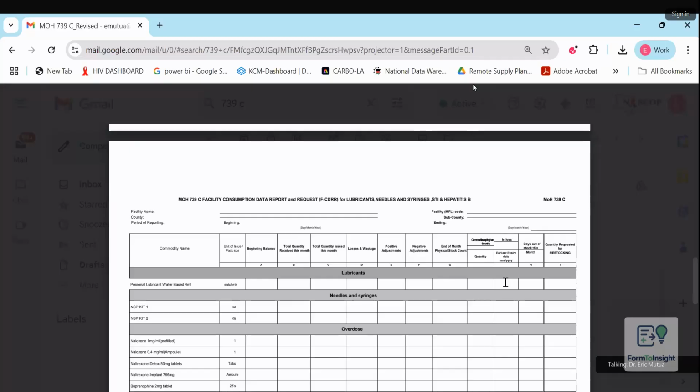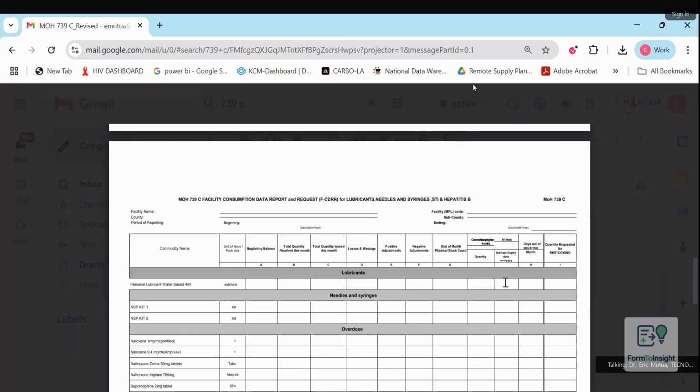So this is the register, how it looks like. We have the lubricants. We have the unit of issue, which is in form of sachet. You have the beginning balance. That is column A. Column B is what you have received. Column C is what you have issued out.